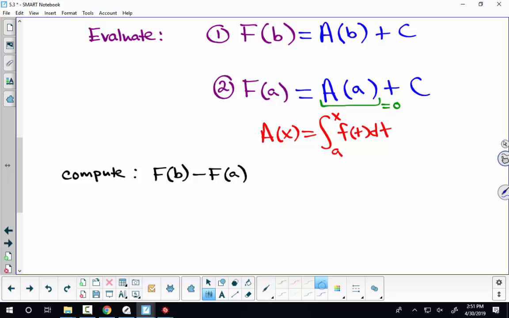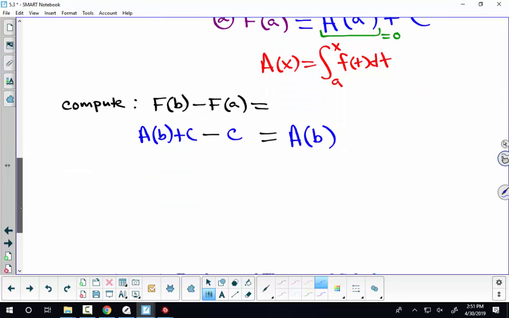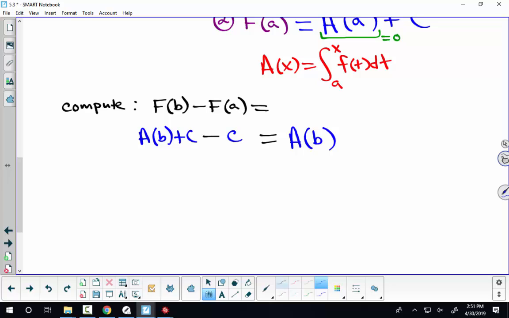So F of b, we have A of b plus C, minus capital F of a, which we said was just C. So F of b minus F of a is A of b plus C minus C, which is equal to A of b. And A of b is just the area function evaluated at b.